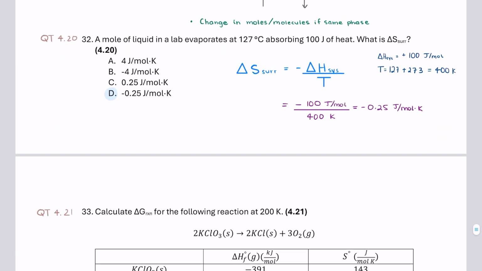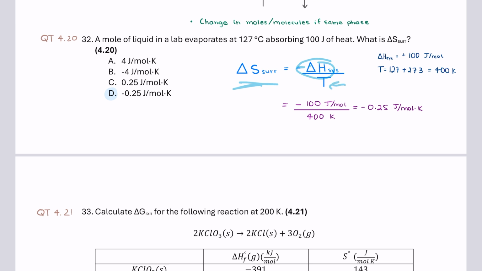Problem 32 says a mole of liquid in a lab evaporates at 127 degrees Celsius, absorbing 100 joules of heat. What is the change in entropy of the surroundings? So the key formula that we're going to use here is that the entropy change of the surroundings equals the negative of the enthalpy change of the system divided by temperature in Kelvin.